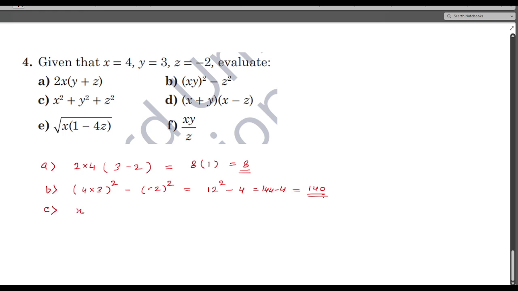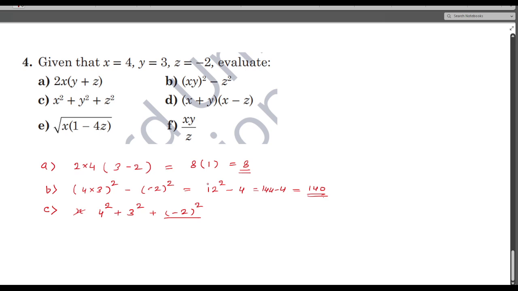C. It is x square plus y square plus z square. So x is 4 square plus 3 square plus z is minus 2 square. Many times students make the mistake of not using the bracket around minus 2, which is totally incorrect.